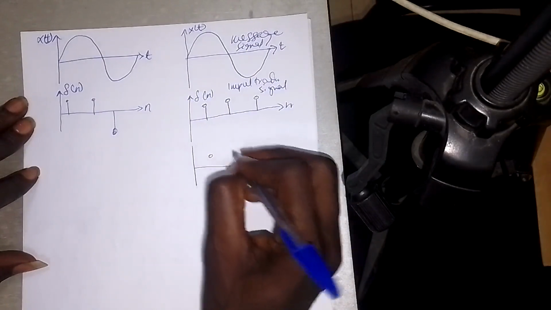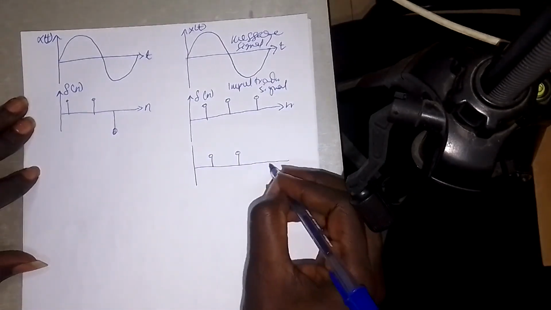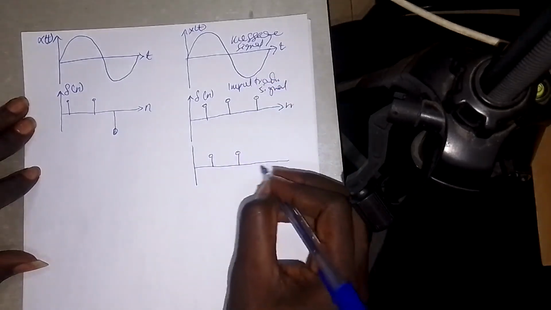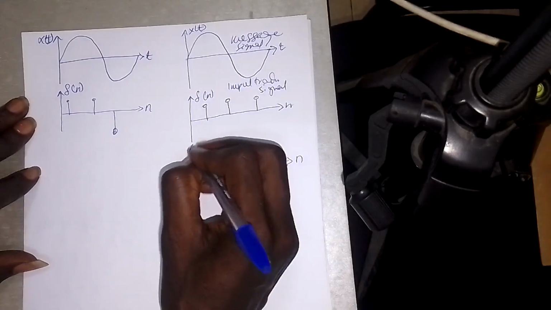Maybe I have this here, and this here, and because this space is down, this one will come down like this.